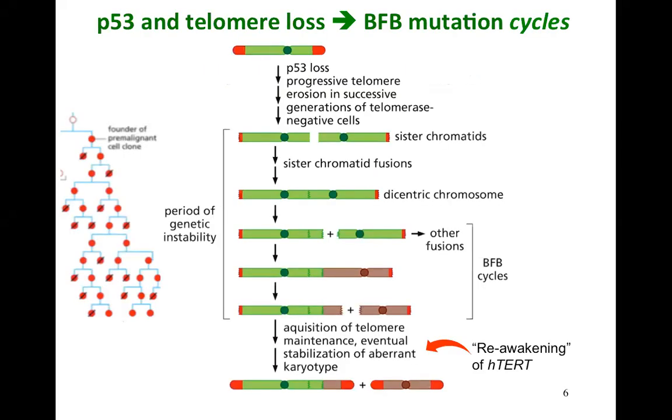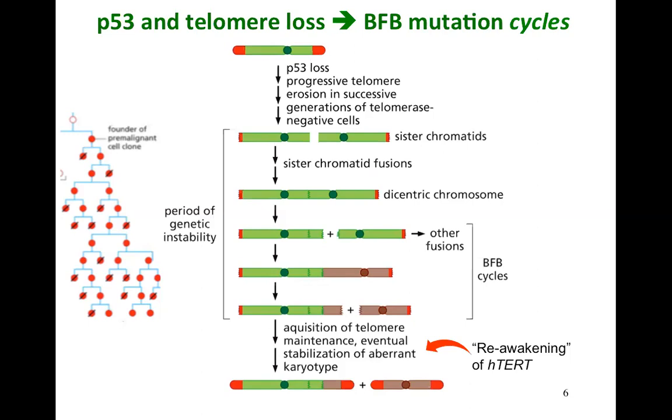So P53, we said, plays a really important role in making sure that when you have double-stranded breaks in your chromosomes, different enzymes can detect that there's something defective with the DNA, and then it can trigger P53 to halt the cell cycle, or go ahead and initiate different enzymes to try to repair the damage.